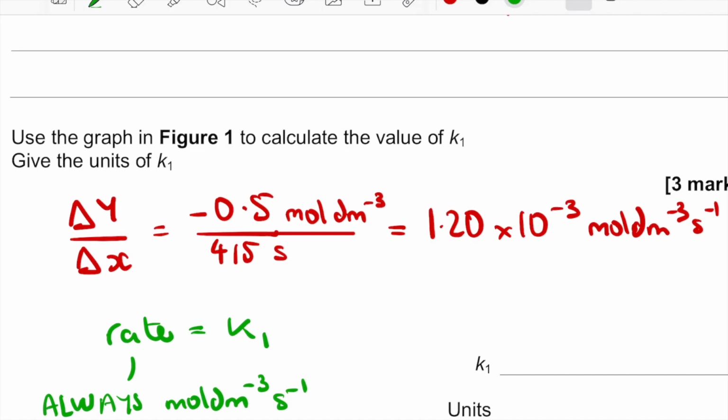So we've sort of proved that now, or shown it, but because our rate equals k1, because our H plus concentration was 0 order, so that means this is 1. So rate equals k1, then yeah. Okay.